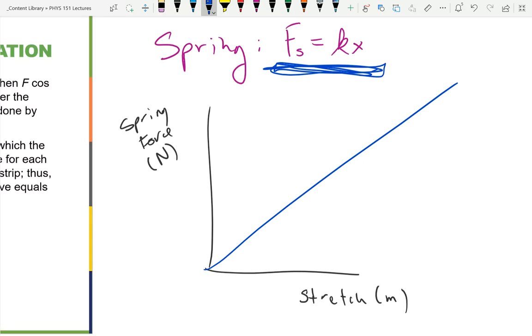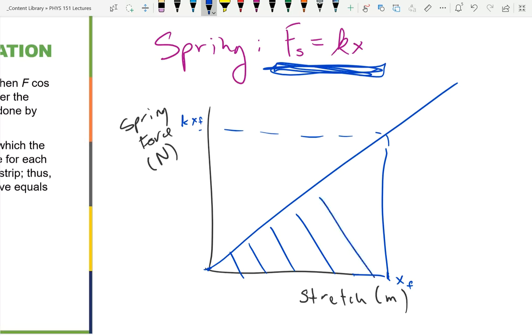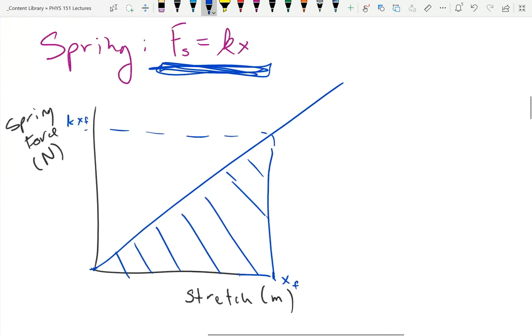And so if I have a spring that starts here and ends here at some x final, then the force here is, of course, kx final. And I have a triangle for the area under this. How do you find the area of a triangle? One half.